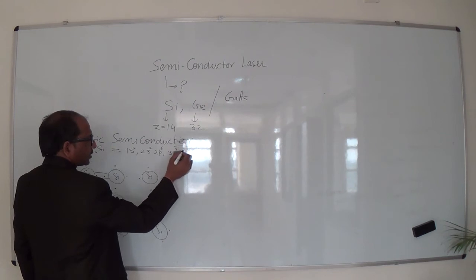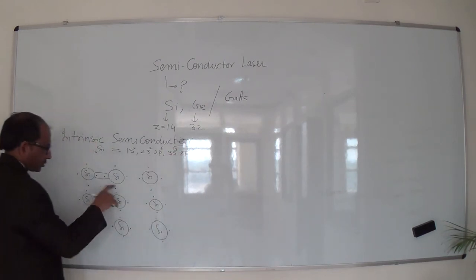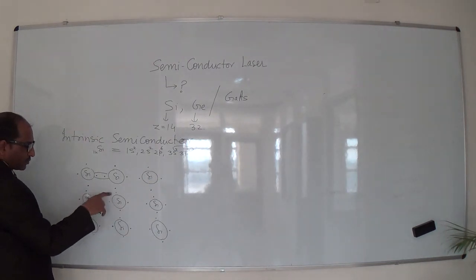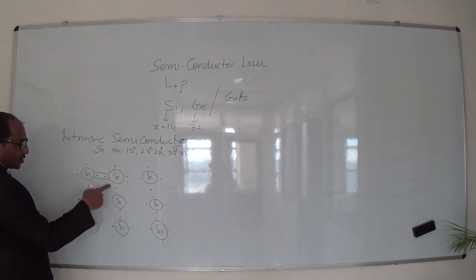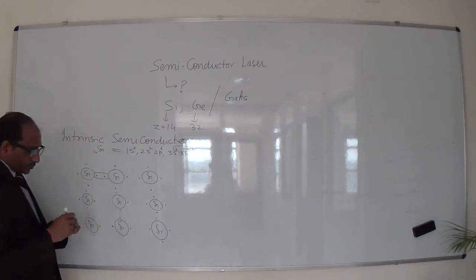So these are 4 electrons in the third shell, and these 4 valence electrons make covalent bonds with the neighbor atoms like this.